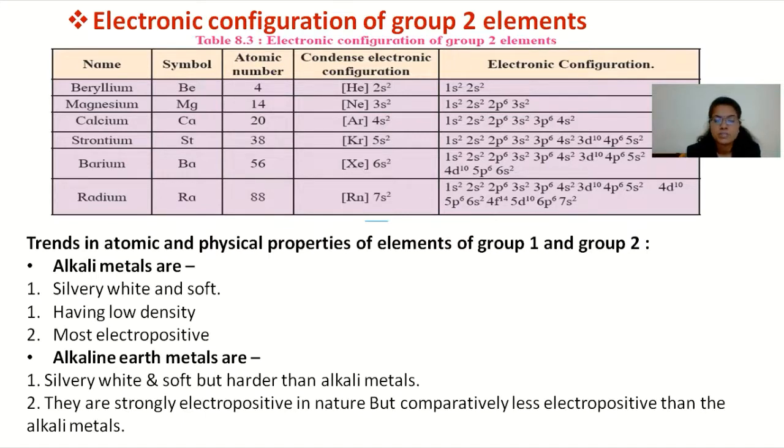Similarly, you can see the electronic configuration of magnesium. The atomic number of magnesium is 12 and electronic configuration is 1s2 2s2 2p6 3s2.